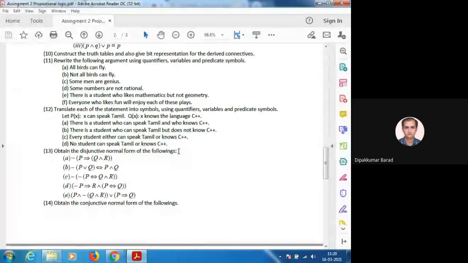We have already discussed how to convert any statement into disjunctive normal form. The procedure we have already discussed in class.